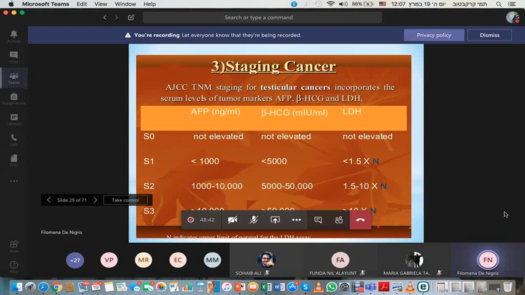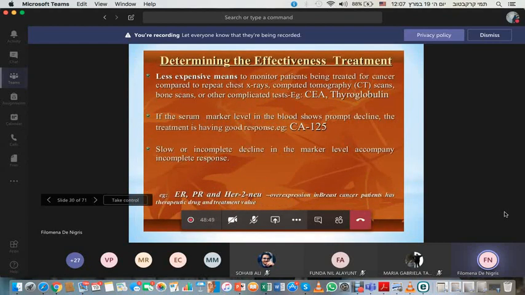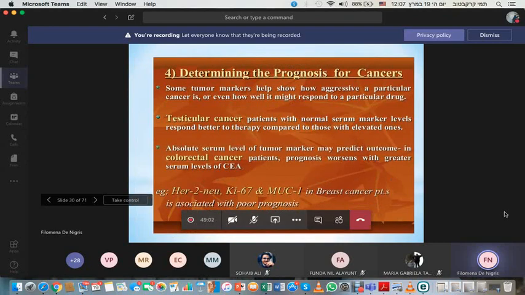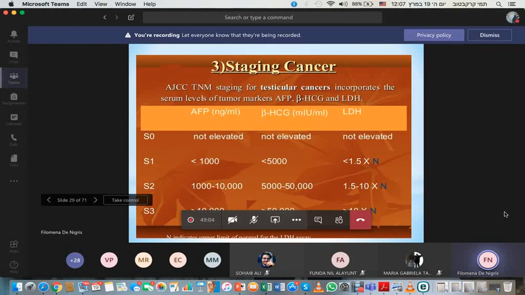For example, for testicular cancer, if we ask for alpha fetoprotein, beta HCG, and also LDH, all together, we can stratify the patients, and we can also have an indication about the stage of the tumor.